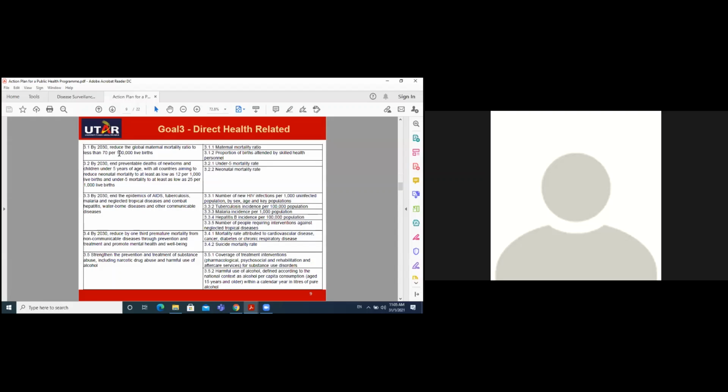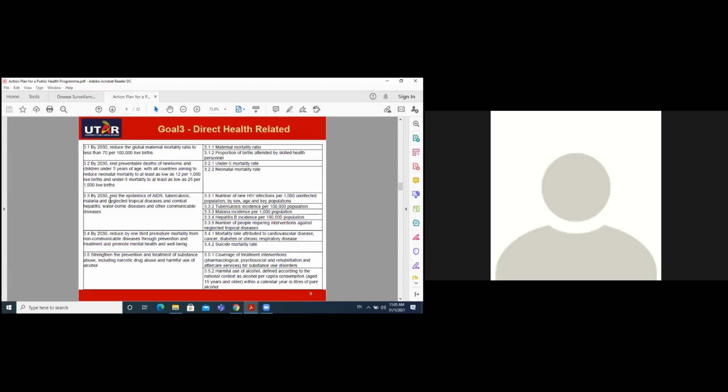By 2030, the main aim is to reduce the global maternal mortality ratio to less than 70 per 100,000 live births. Also by 2030, we end the preventable deaths of newborns and children under 5 years of age.